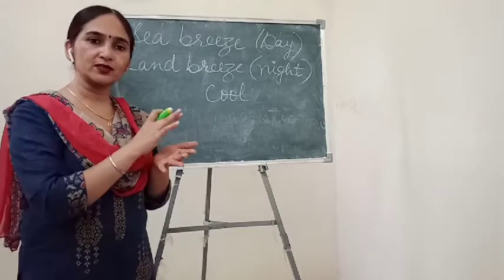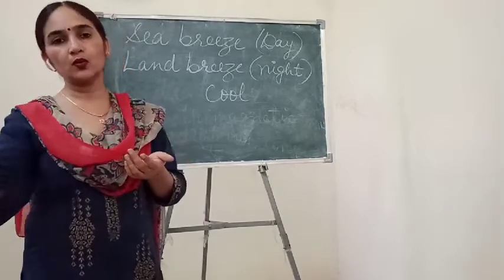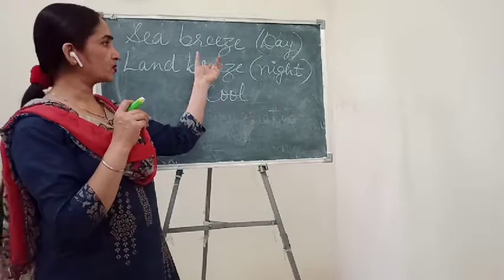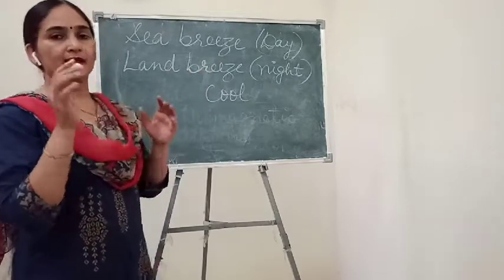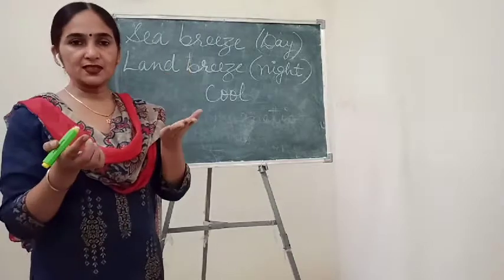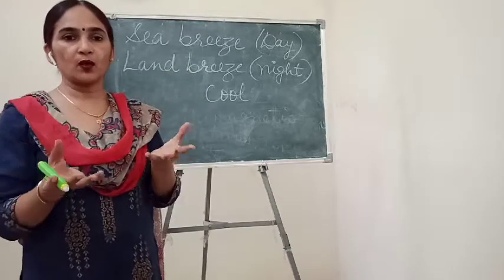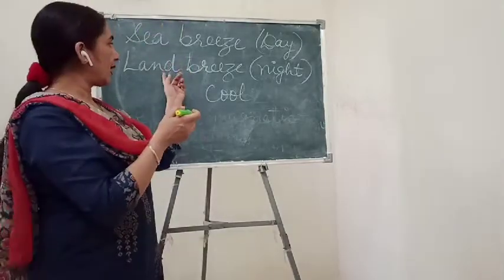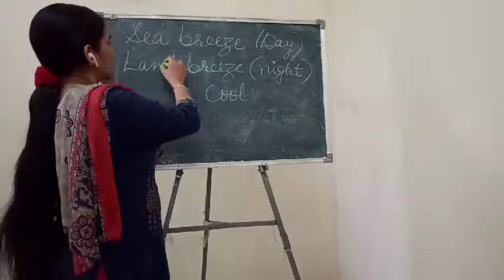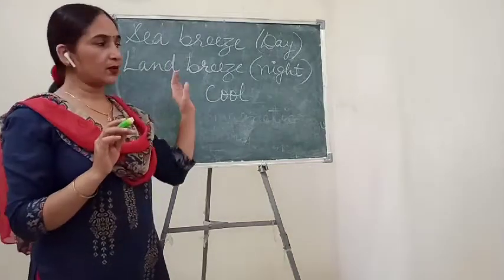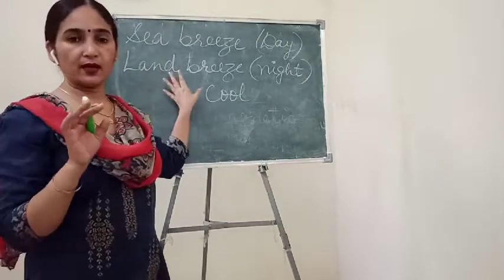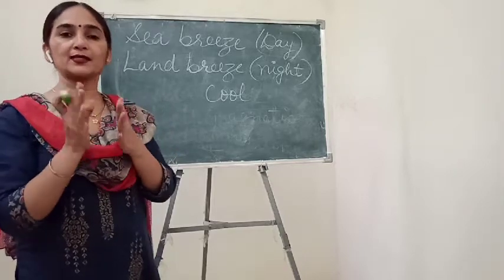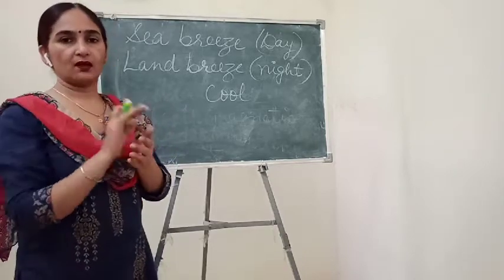Means land area is cooler as compared to sea area during night time. Then just the opposite process takes place: when the hot molecules of air above the sea rise up, then from land air moves to the sea area, because land air is cool air now. Land air is cooler as compared to sea air.